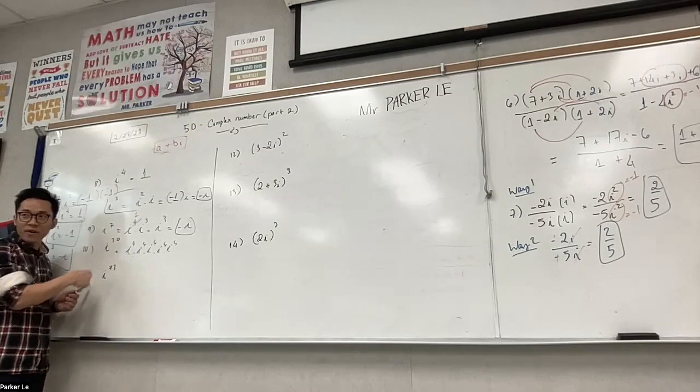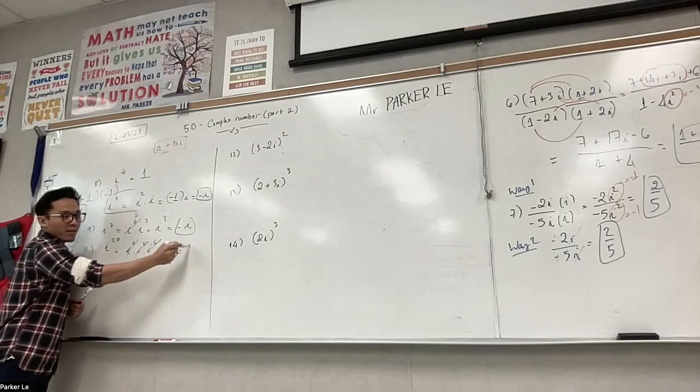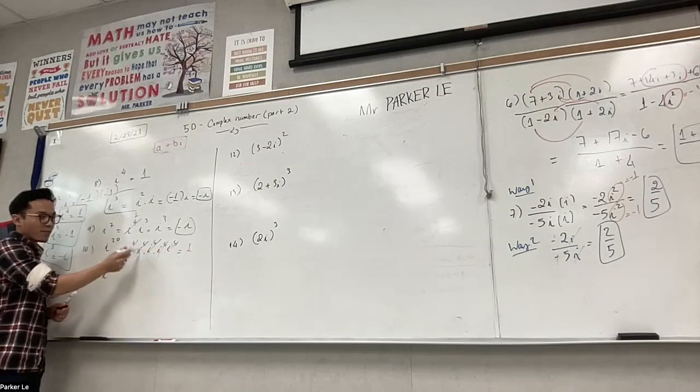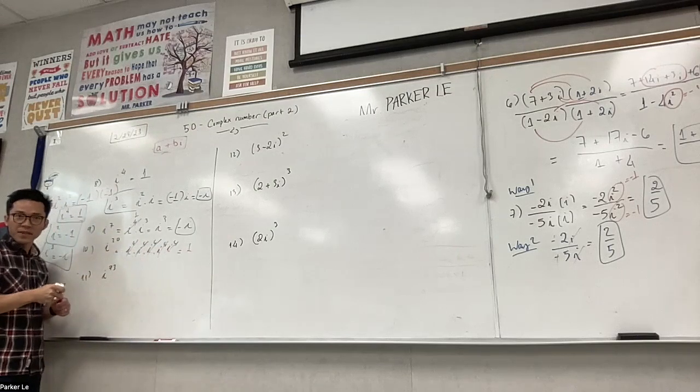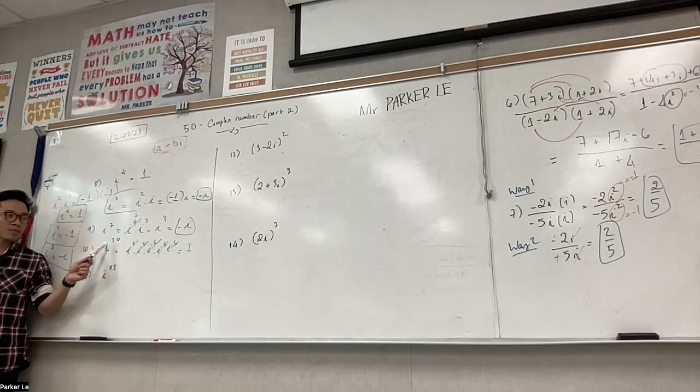And every time you have i to the 4th, you can cancel it, it's 1. So eventually you have 1 times 1 times 1 times 1 times 1, which is 1. So when the power is a multiple of 4, it is just 1.